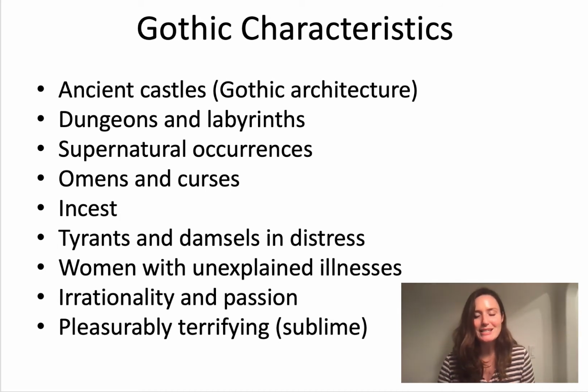Labyrinths and dungeons and things that are repressed and kept in the dark, those are just ripe for metaphors. Supernatural occurrences like ghosts or curses, omens, even some perversion like incest or really tyrannical patriarchs.